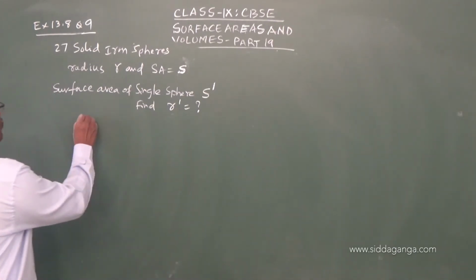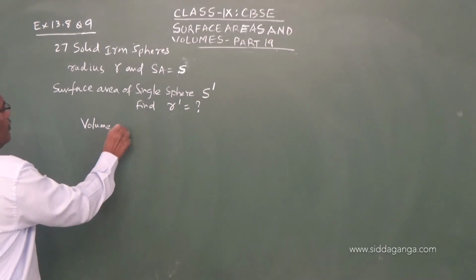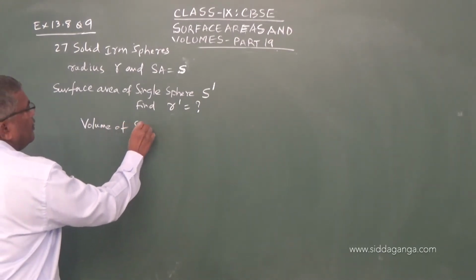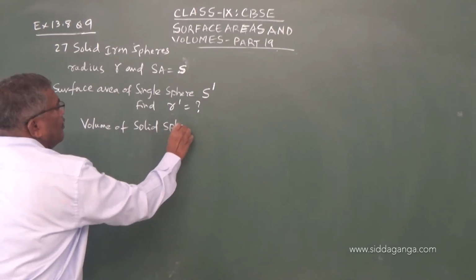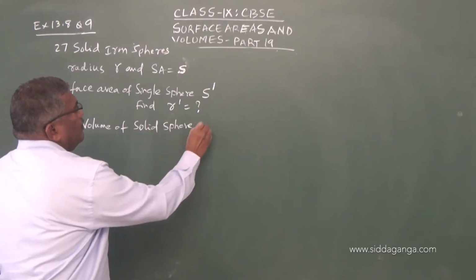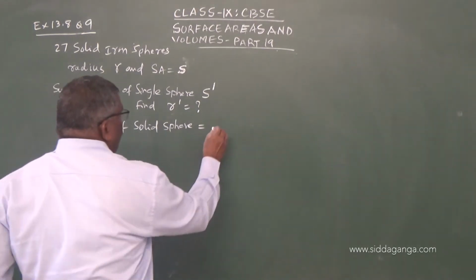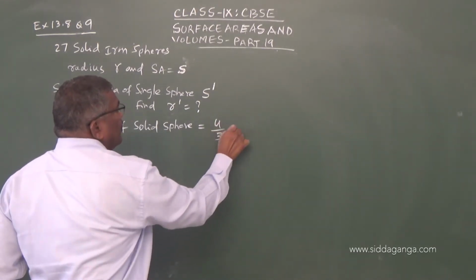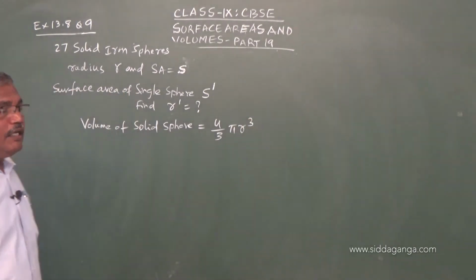So we have volume of solid sphere equals 4/3 pi r cube. We have this standard formula.